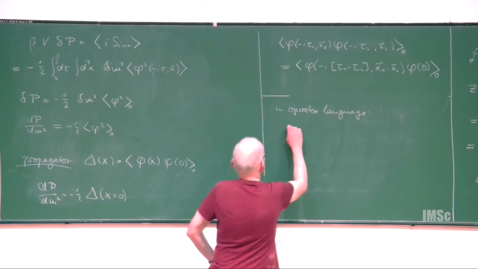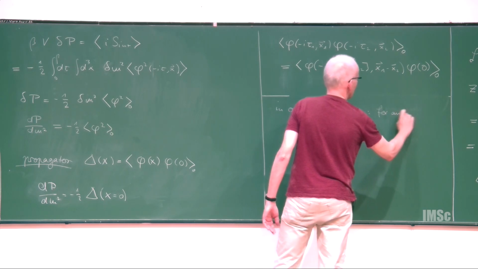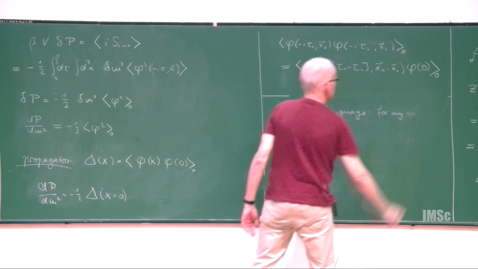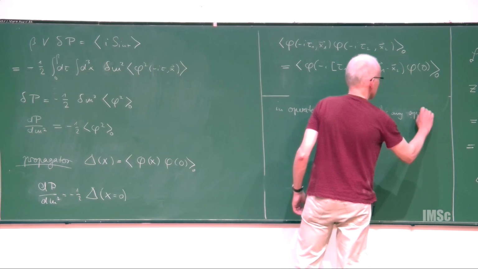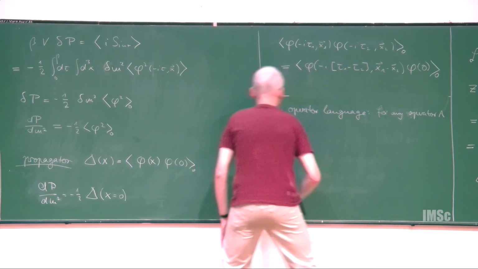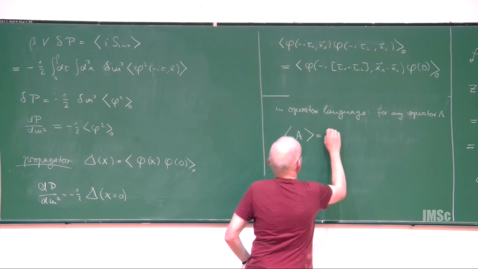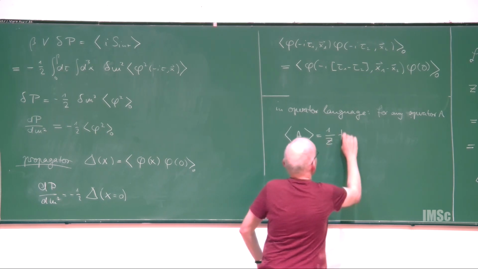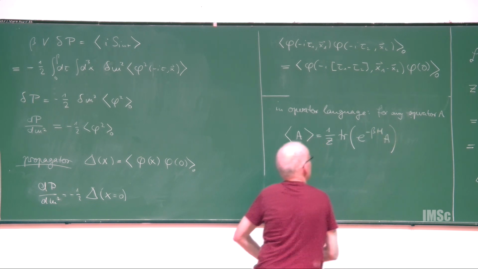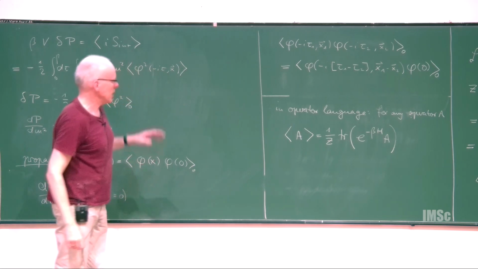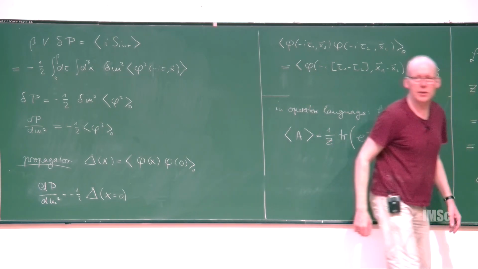If we have an expectation value of any operator, which can also be a composite operator, we define the thermal expectation value of A as 1 over the partition function, times the trace of e to the minus beta H times this operator. That's the usual definition of thermal expectation values.